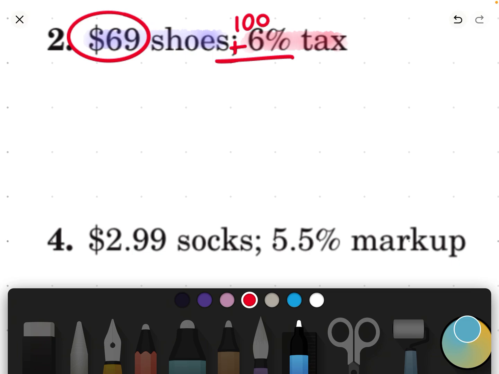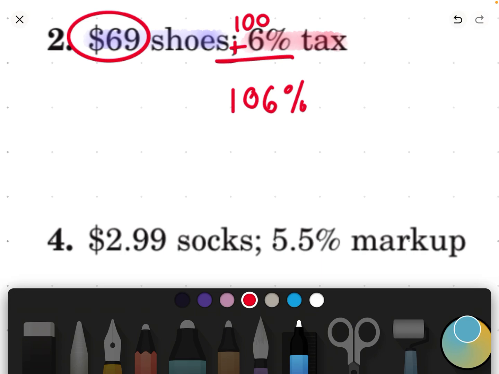I like to do this with the adding in the 100 because it saves you that step of adding in the original cost later. You can find how much it is in tax and then add it to the original price, but I like to do it with the adding 100%. If you don't, that is okay too, but it just kind of builds that step in for you. All right, so that's why I like it in this situation.